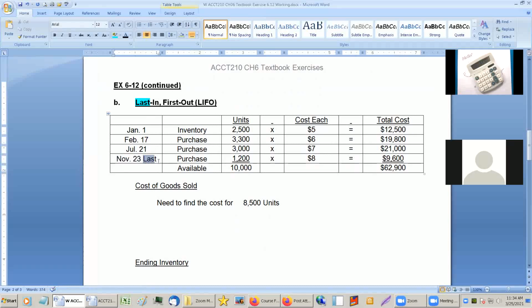So that's where we'll start. $1,200. $7,300.